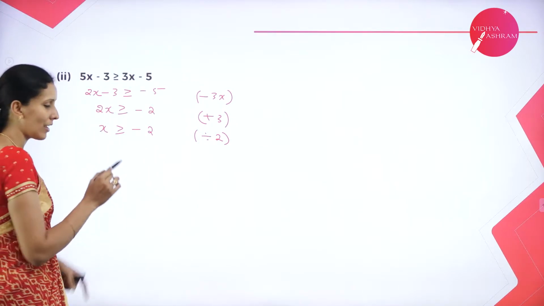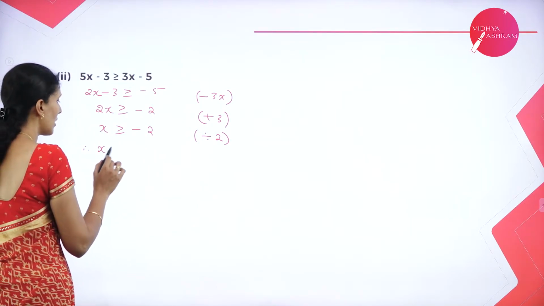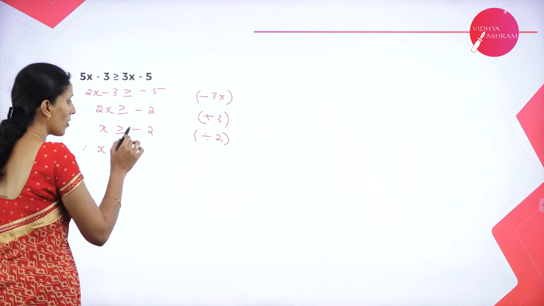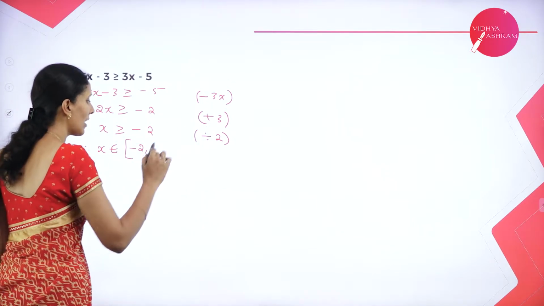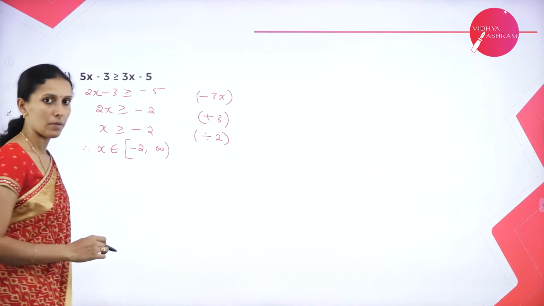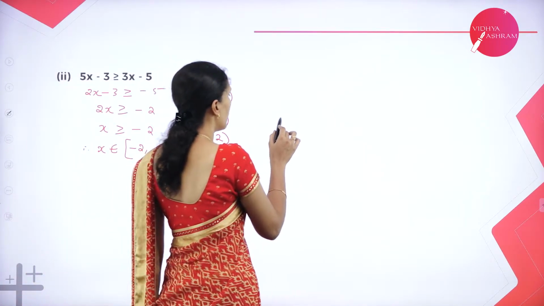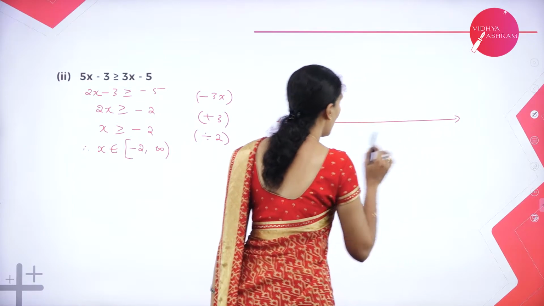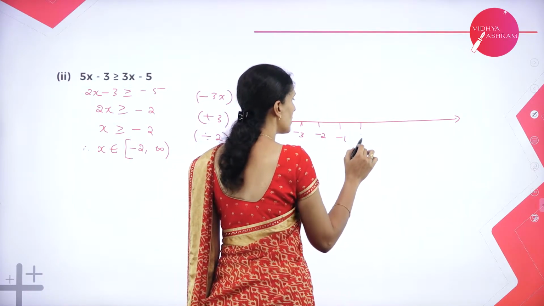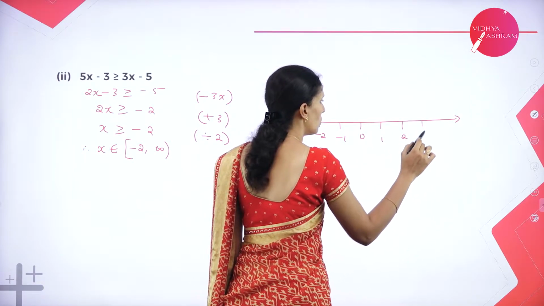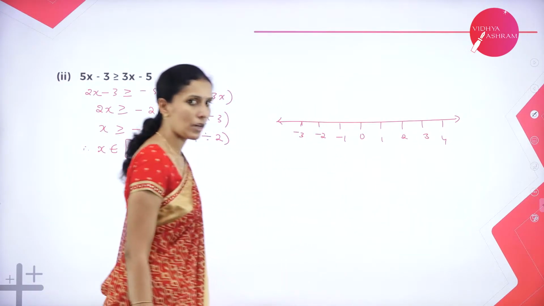Since this is a slack inequality, the solution set belongs to greater than or equal to, which means the solution includes minus 2. Greater than minus 2 means till infinity. So again, we'll draw a number line. So we'll start minus 3, minus 2, minus 1, 0, 1, 2, 3, 4. So this is our number line.